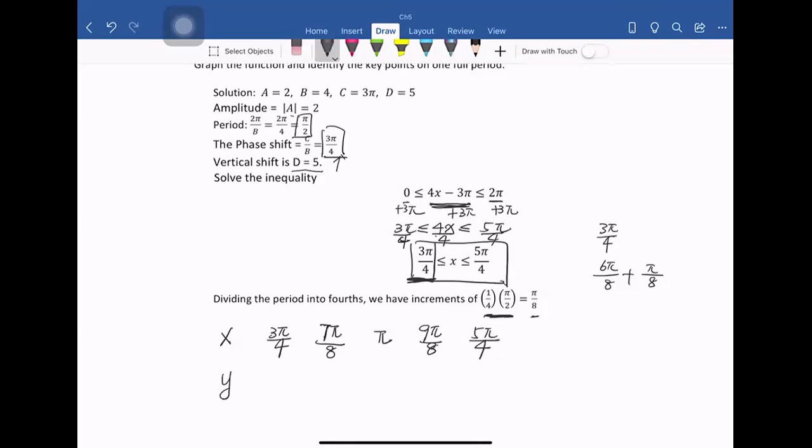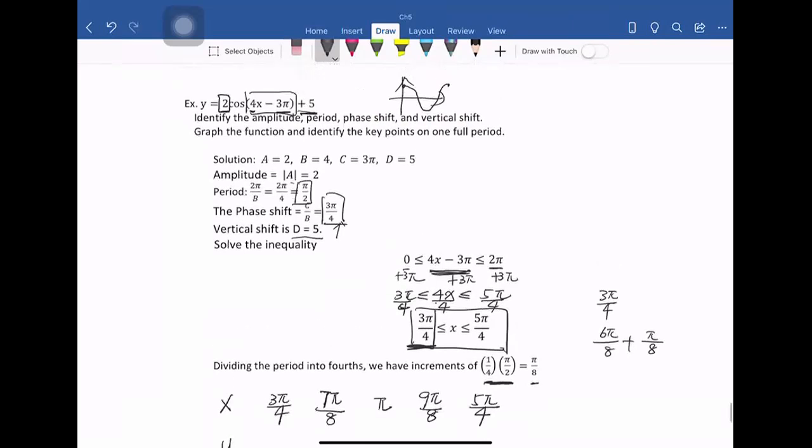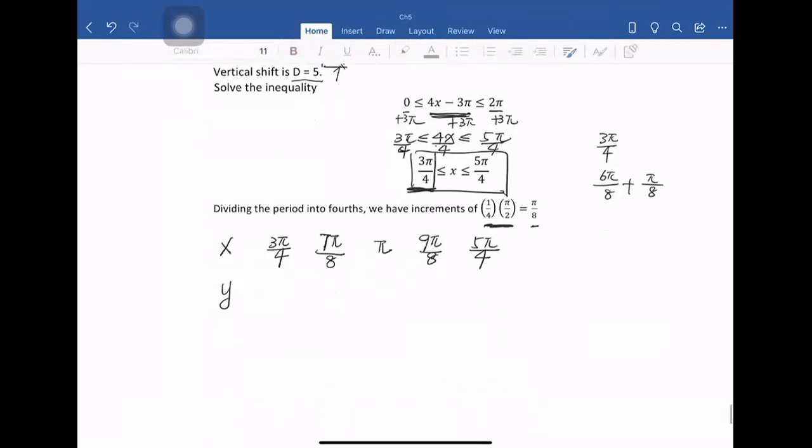Okay, what are the y values? Because for this expression we need to check, it has the amplitude, which is 2. It's stretched vertically. So before, the expression here was 1, but we stretch it to this. So this is 2. This is -2. So let's see.